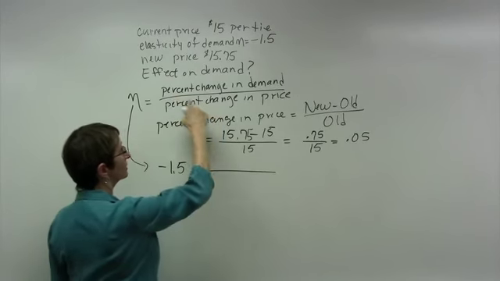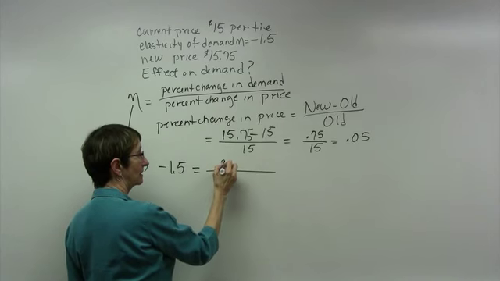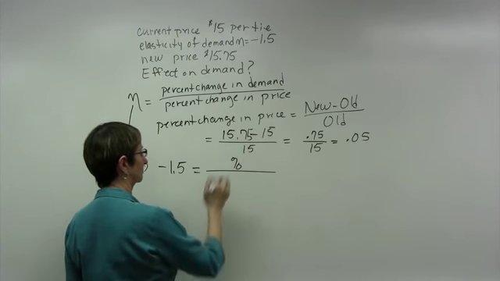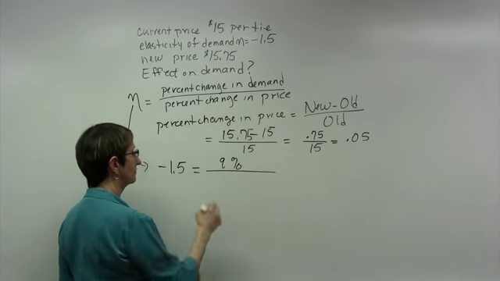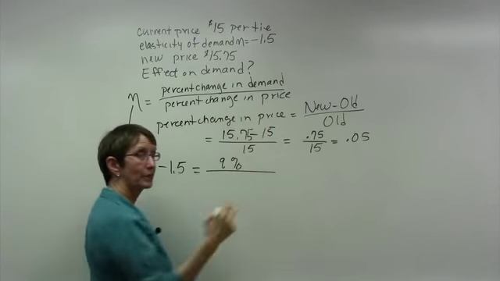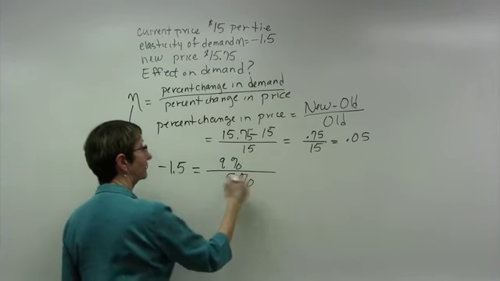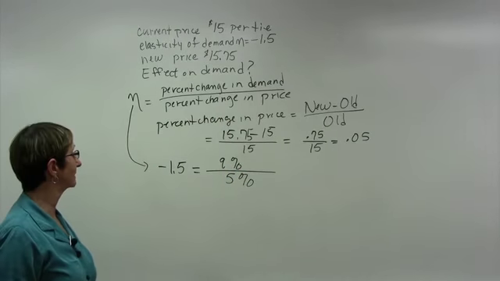The numerator, percent change in demand, some percent for Q, divided by the percent change in price, which is 5%. In this form, we want to work with percents.